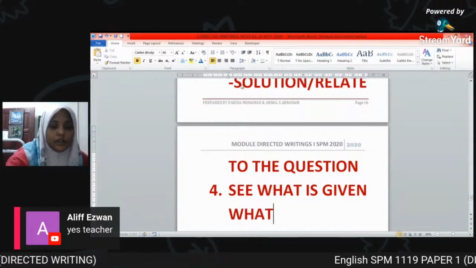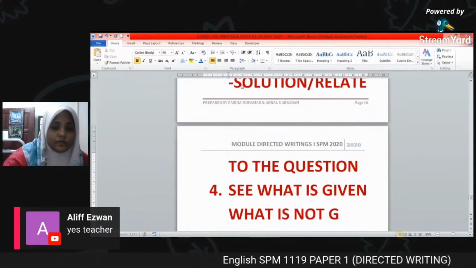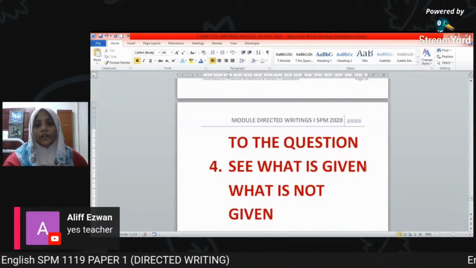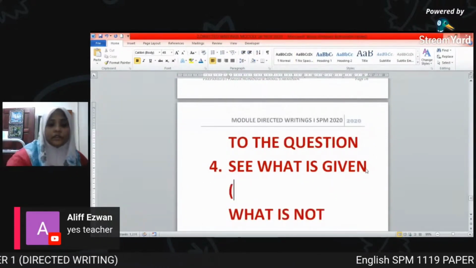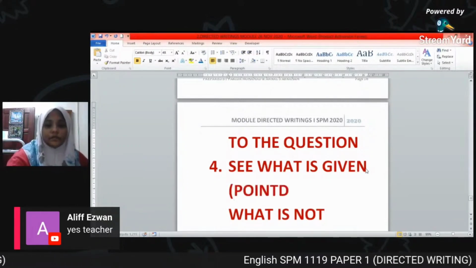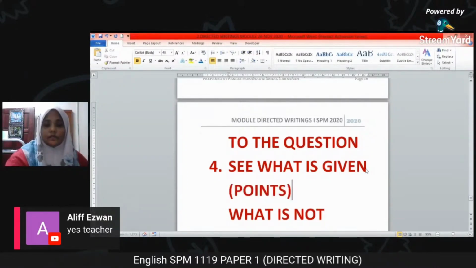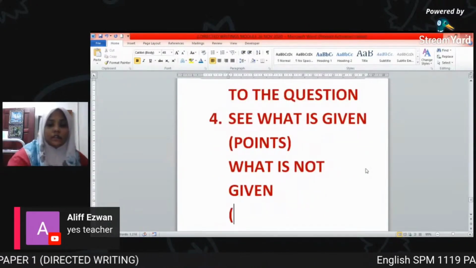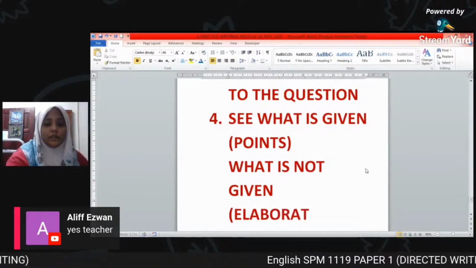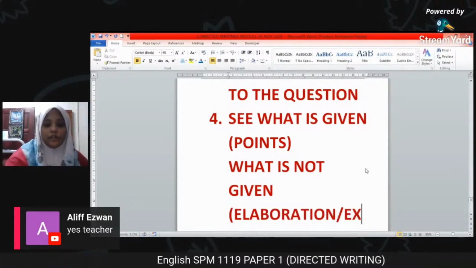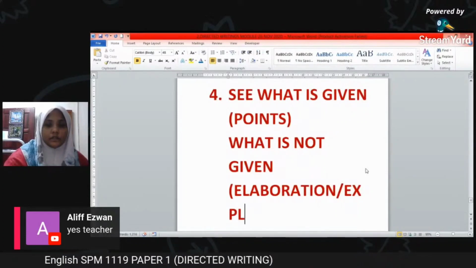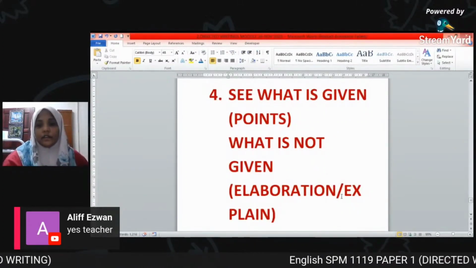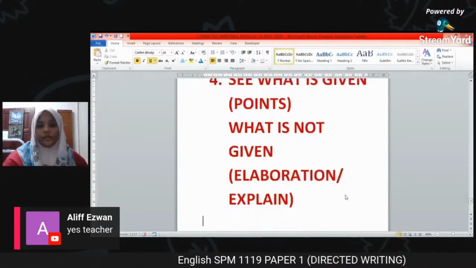What is given, you use that to write down your points. What is not given is always your elaboration part. You can use that to explain your points. Understand? All right.